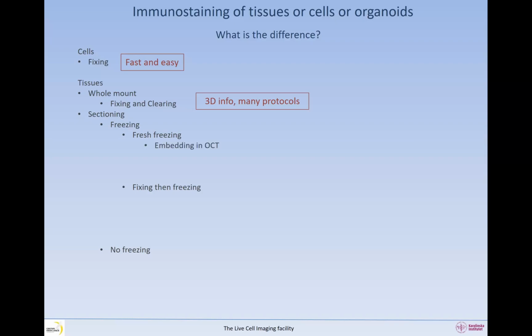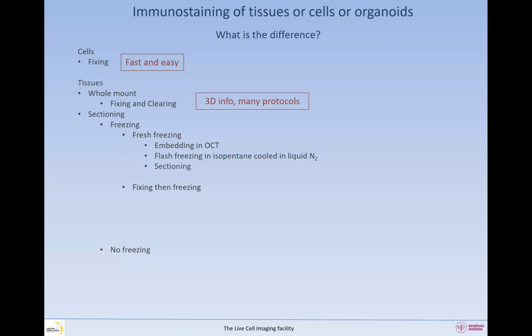Fresh freezing means that you will embed your sample without any prior fixation step, basically in an OCT block, which is then quickly fresh frozen in isopentane cooled in liquid nitrogen. And now this OCT block is hard enough to make it possible to cut your sections.